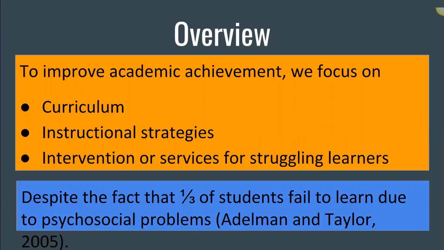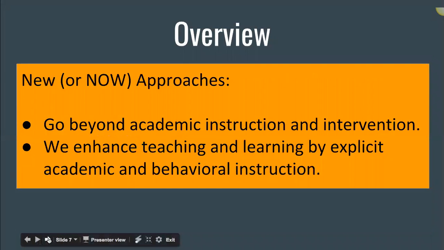An estimated 1/3 of students fail to learn because of psychosocial problems that interfere with their ability to attend and engage in instructional activities, prompting a call for new directions for addressing barriers to learning. These new approaches go beyond academic instruction and intervention. We know that we can enhance teaching and learning by explicit academic and behavioral instruction.